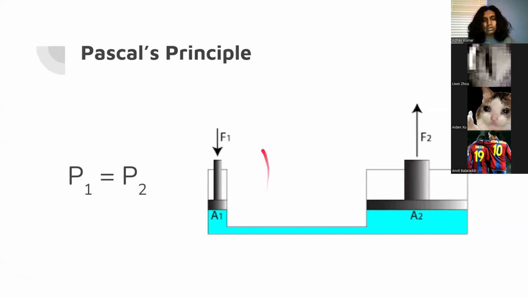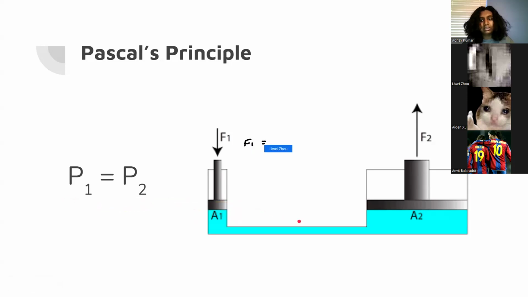Let's say we can only apply so much force at once, because humans are physically limited in how much force we can apply. The key thing is, if we apply that force over a really small area, then we have a really big pressure.